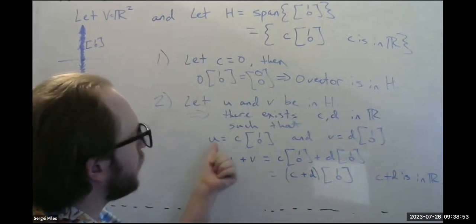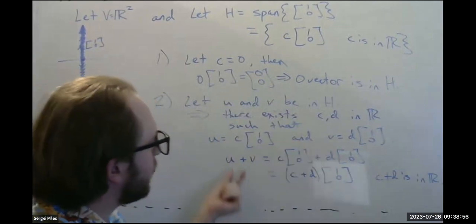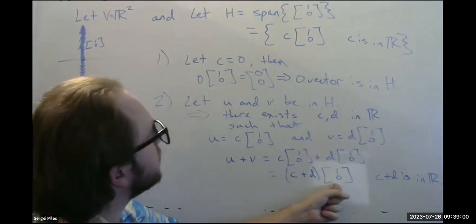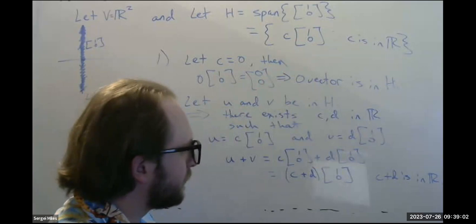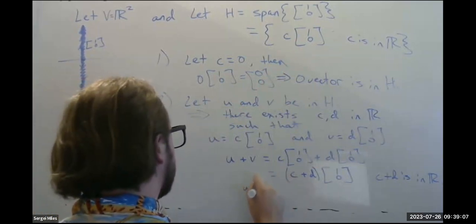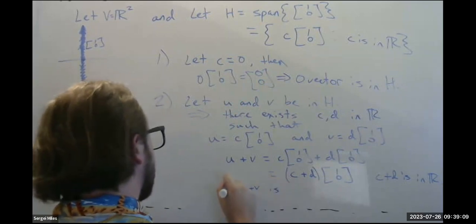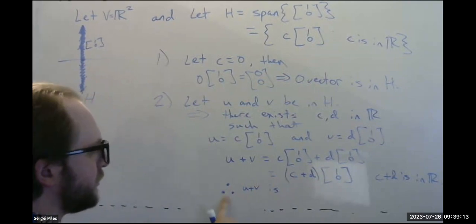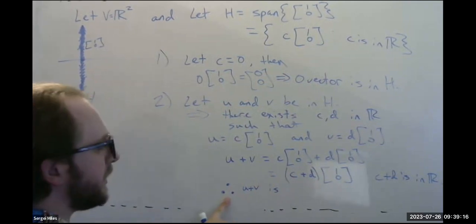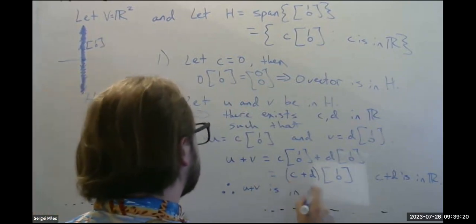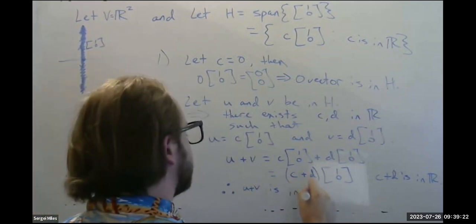We've shown that with an arbitrary u and v, when we add them together, that's really just a linear combination of (1, 0), right? In other words, u plus v is in the span. So therefore, and I'll use this notation with these 3 dots and a triangle symbol, which is just a shortcut symbol that means therefore, u plus v is in H, which is what we wanted.